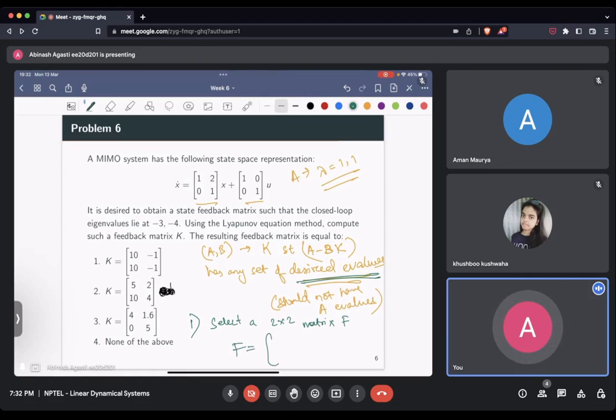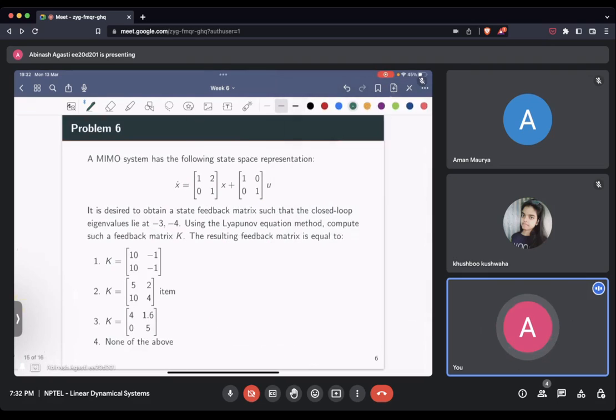We can directly take F as a diagonal matrix like this. So this has the desired eigenvalues -3 and -4. Okay. Next step is, now that we have found F, we have to select some arbitrary K bar such that F transpose, K bar transpose is controllable.